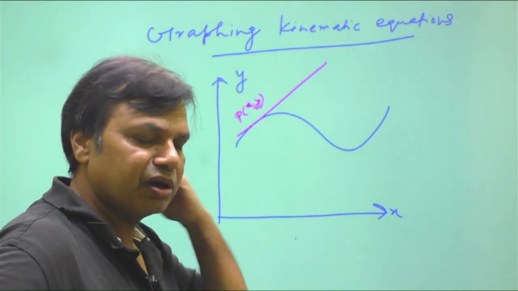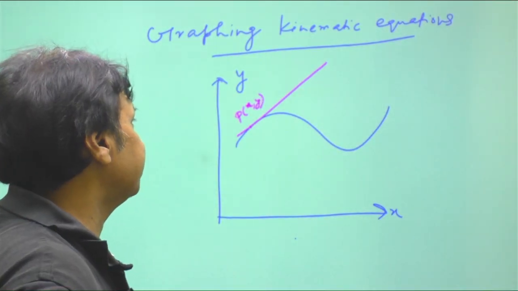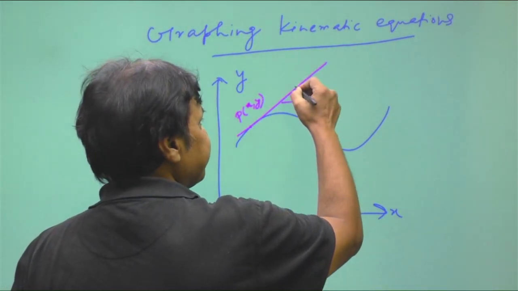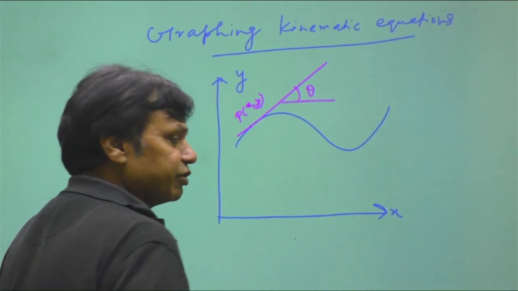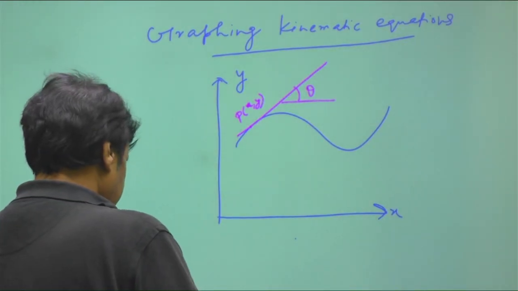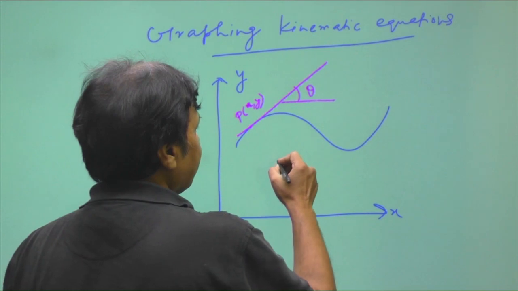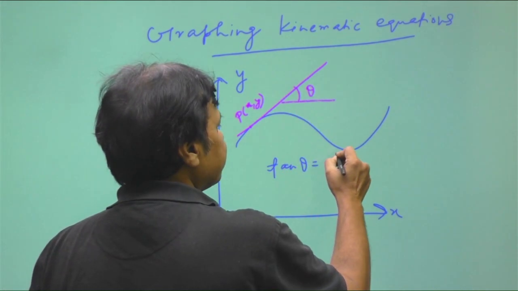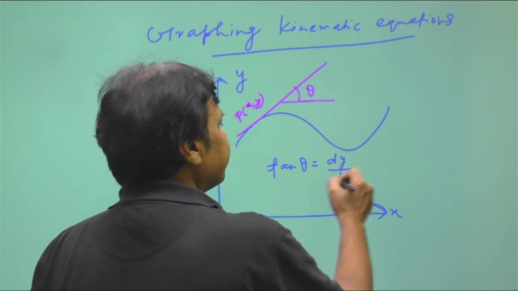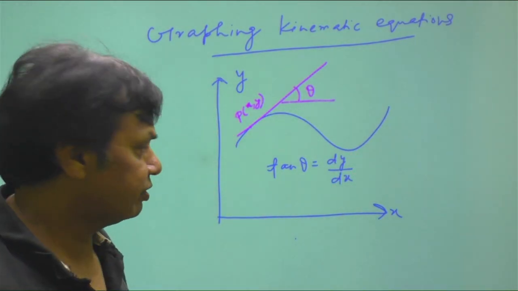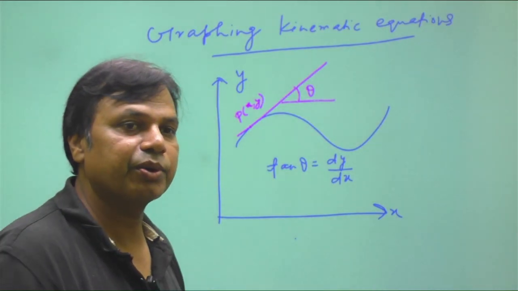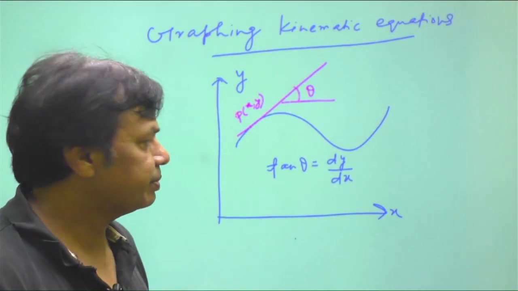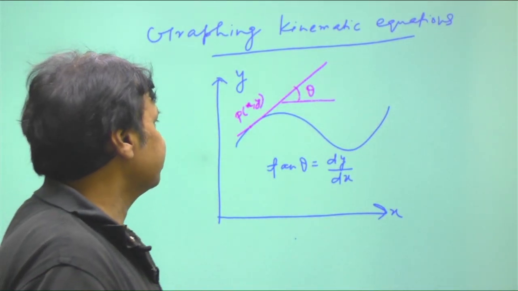I will explain it later, but this is the tangent, and if the tangent makes an angle theta with the positive direction of the x-axis, the slope of this line, that is tan theta, is simply called dy by dx. That is the derivative of y with respect to x, or you can say the rate of change of y with respect to x. So these are the things here.